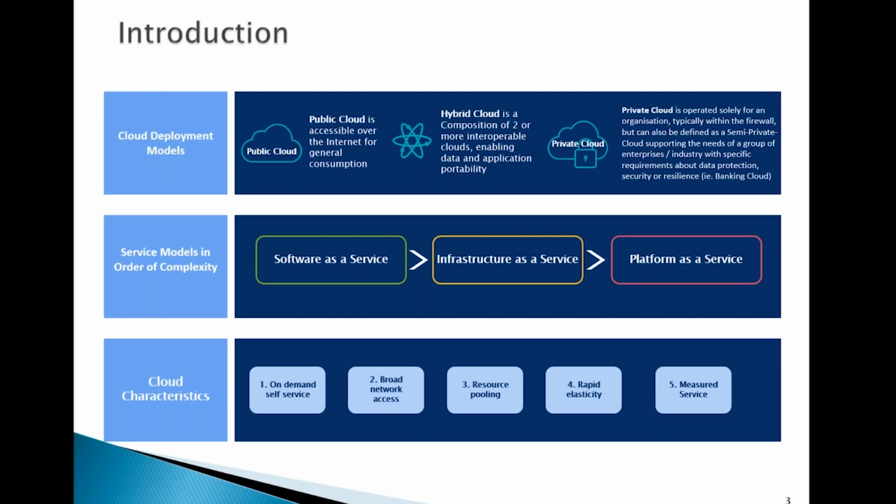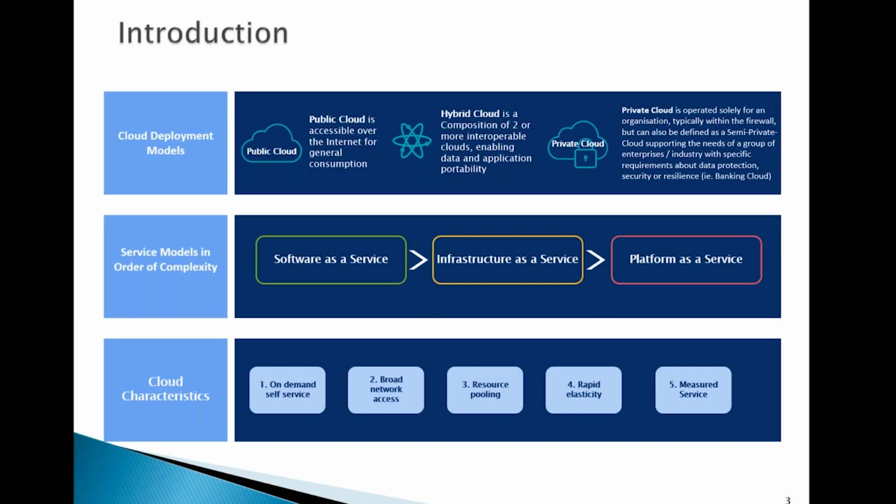So if we then move on to the cloud service models, the one that we all know about is software as a service, which is where the consumer doesn't really have any control over anything. It is a capability provided to the consumer to use the provider's applications, which are running on a cloud infrastructure.